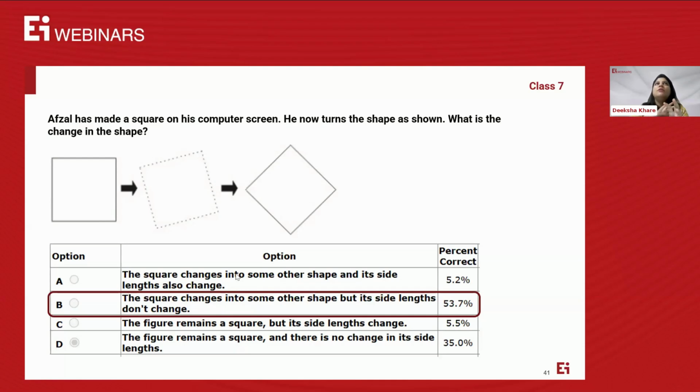This is because they have learned the shapes just visually, and they have not learned the properties which make those shapes squares, rectangles, rhombus, etc. Right? It is important that these nuances are inculcated among students, identifying the shape not merely by the visual recognition, but by the properties upon which they are built.